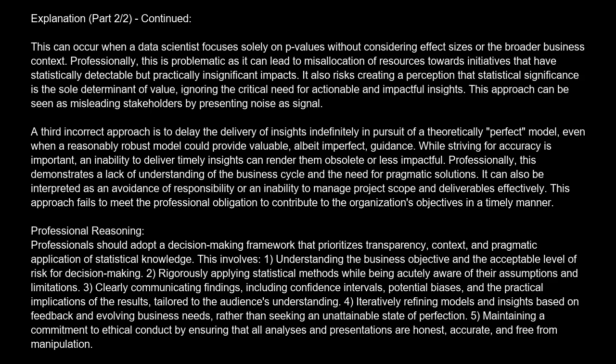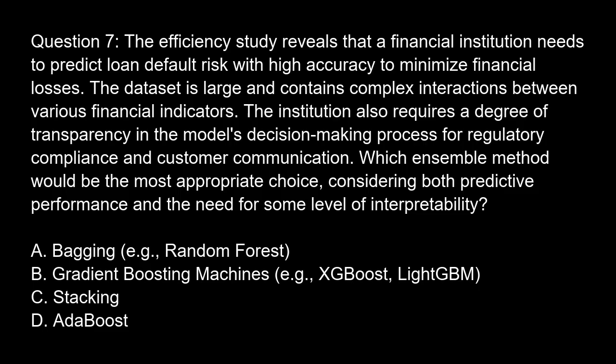Clearly communicating findings, including confidence intervals, potential biases, and the practical implications of the results, tailored to the audience's understanding. 4. Iteratively refining models and insights based on feedback and evolving business needs, rather than seeking an unattainable state of perfection. 5. Maintaining a commitment to ethical conduct by ensuring that all analyses and presentations are honest, accurate, and free from manipulation. Question 7.